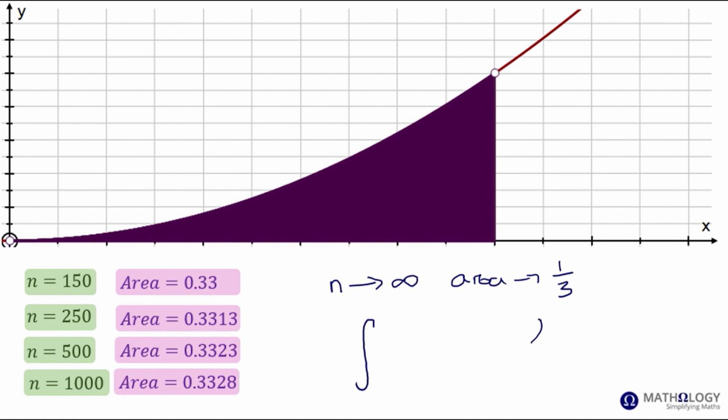So we are dealing with the limit as n approaches infinity of the area, which we'll just denote with an x right now, and this equals a limit. In this case, that limit would be a third. And this is the whole crux and idea behind integration.